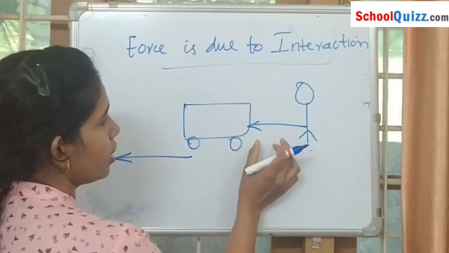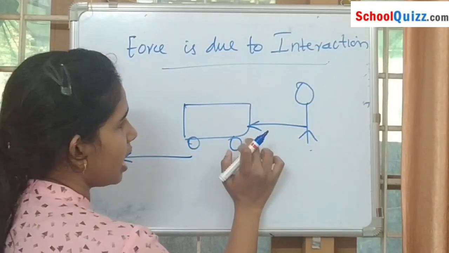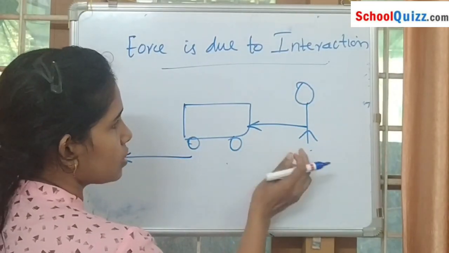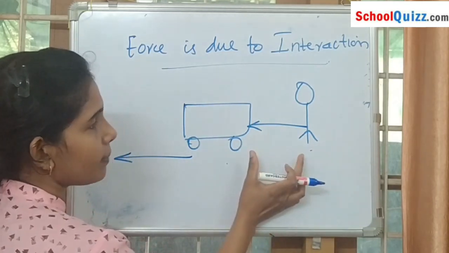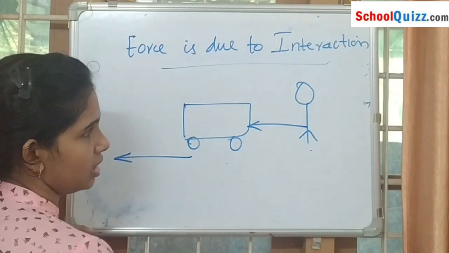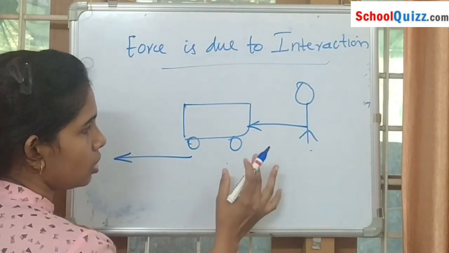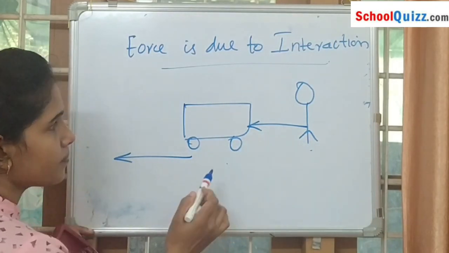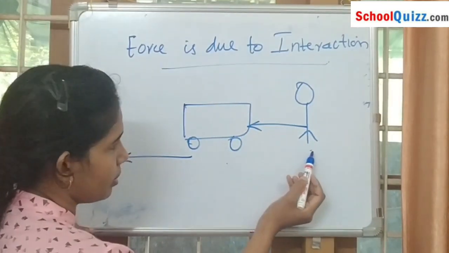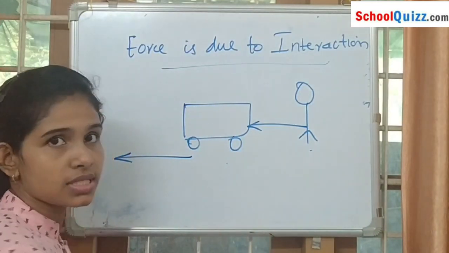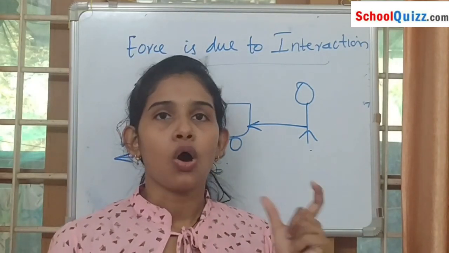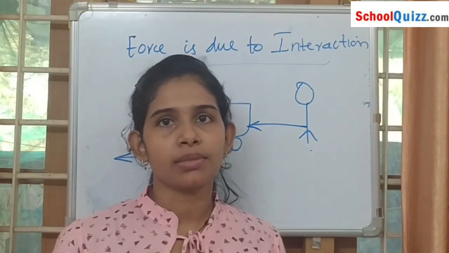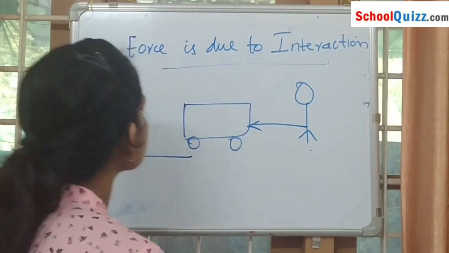So there is an interaction between this car and man and force in between them. Both the objects are capable of applying force on each other. So we can say if there is an interaction set up between objects, there will be force in between them. Understood?